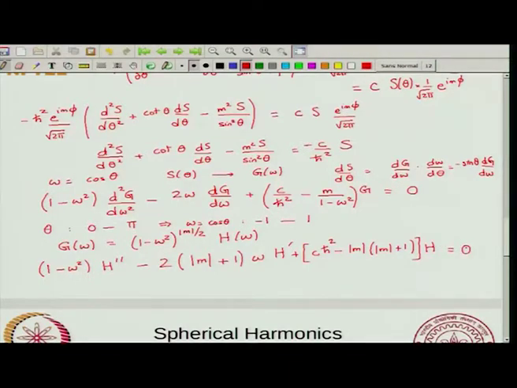Now this equation, with whatever constant you have in this last term, is of the form of what is called an associated Legendre equation.